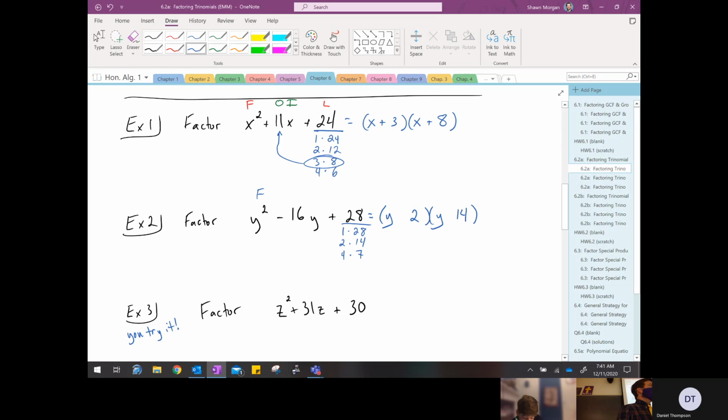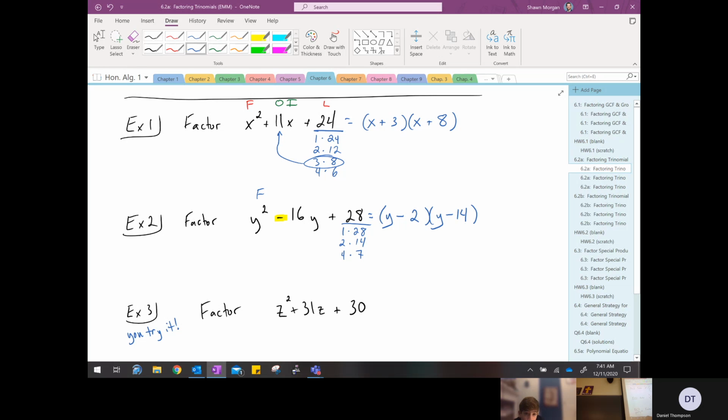But notice I didn't put a plus sign in front of them. You know why? Because it's negative 16. Okay, because it's negative 16, I'm going to put a negative sign in front of both of those. Hey, let's write the following statement down. It's on the next slide, but I'll go ahead and let the cat out of the bag now.